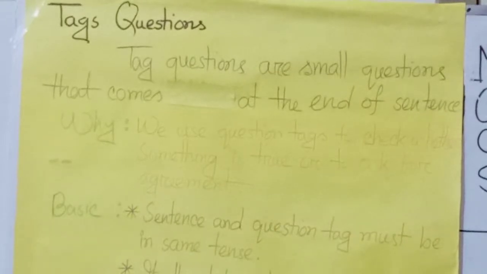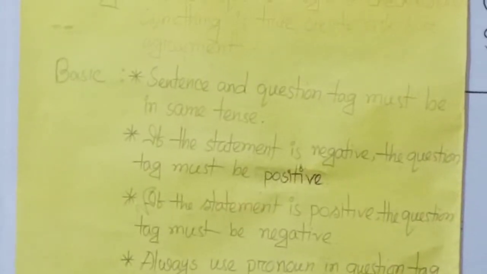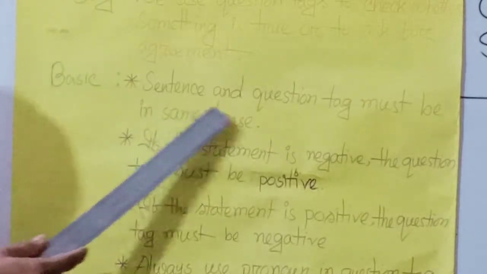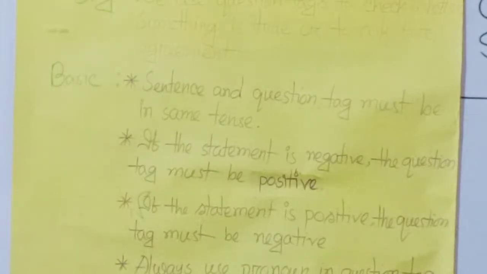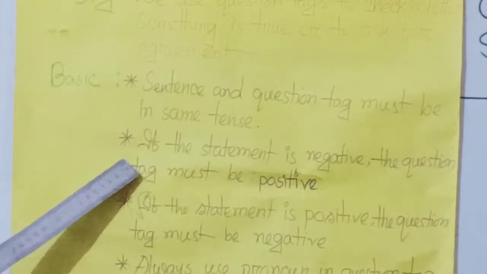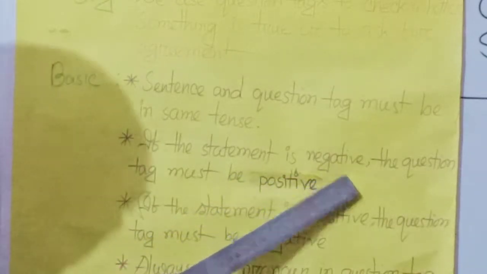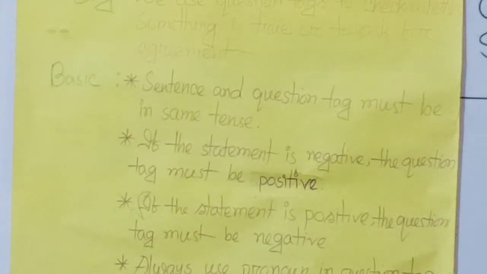Then, the basics of tag questions are very important. Without them, we can't form a tag question. First of all, the sentence and the question tag must be in the same tense. Number 2, if the statement is negative, the question tag must be positive.